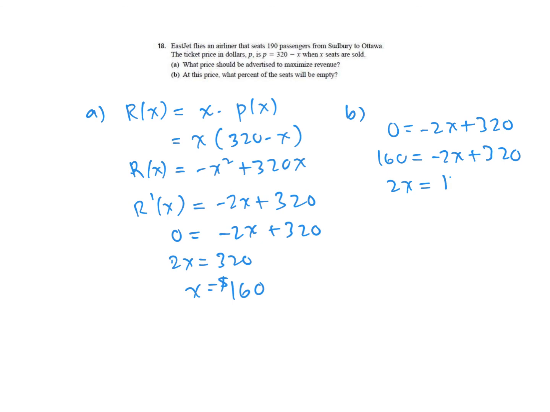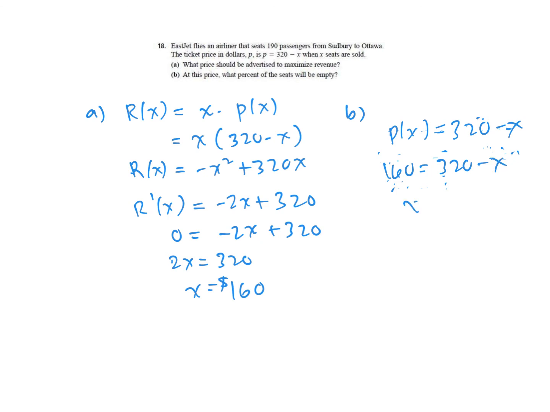I think I'm missing an x here. Okay, I made a mistake here. We're supposed to be putting this into price because 160 was the price. So wrong function. Let's erase all this. So our price was 320 minus x. So we're putting it in the price function. And so x will be 160 seats.